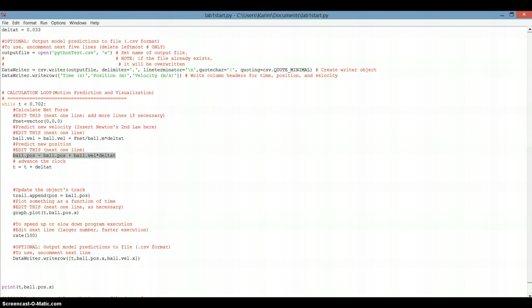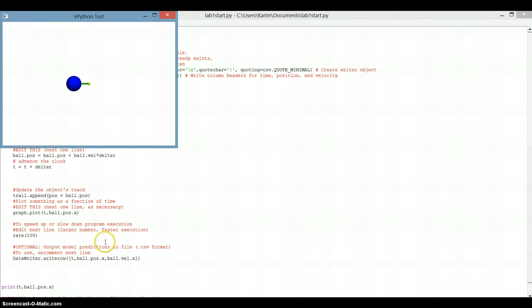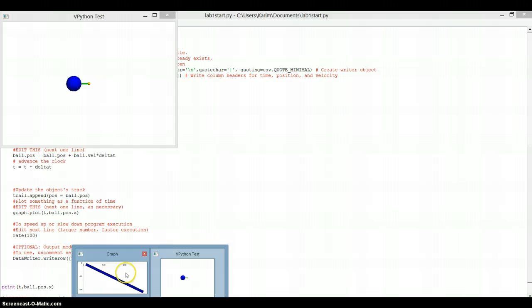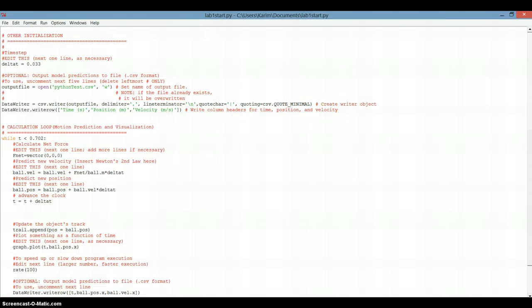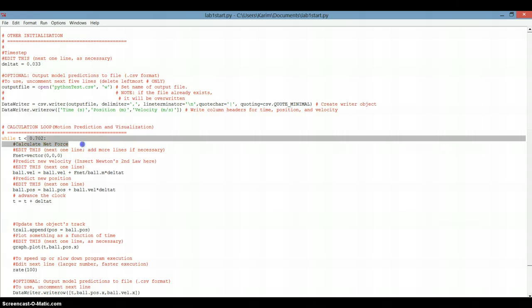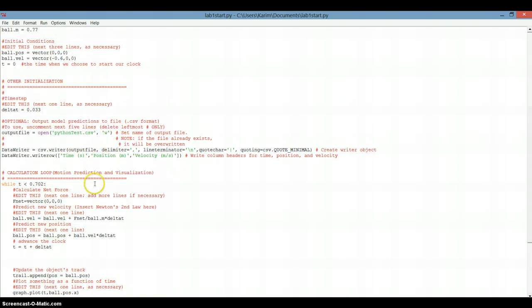When we run the model, it gives us a model of the ball moving from right to left, like what happened in the actual video, and a negatively sloping straight line like the one we got from Tracker. We also get the time, 0.702 seconds, by dividing the number of frames we recorded by the frames per second of the camera.